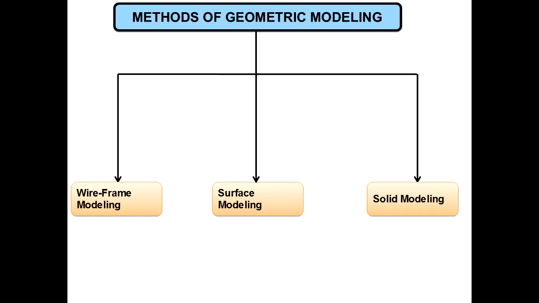We are combining the volumes together of the different surfaces, and then we will generate the solid model. Out of these three modeling techniques, the solid modeling technique is widely used nowadays as it offers a large advantage as compared to the wireframe modeling and surface modeling. We will see one by one the wireframe modeling first, then the surface modeling, and then finally the solid modeling technique.